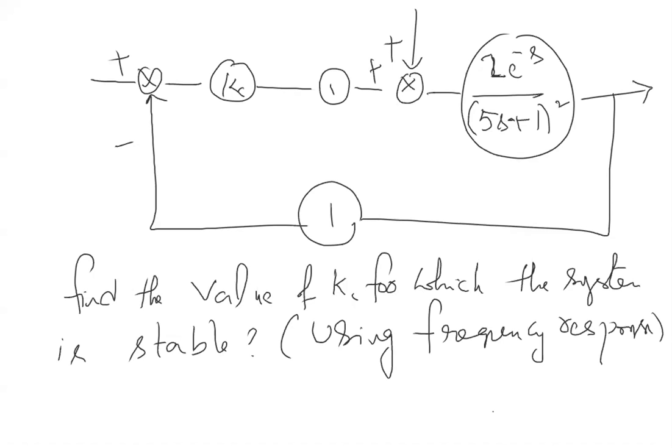So what is the answer? What you should do is, open loop transfer function is equal to Kc into 2 e power minus s by (5s plus 1) whole square.